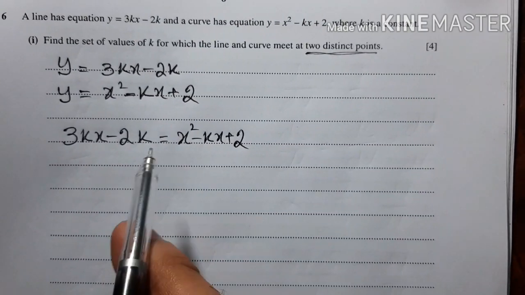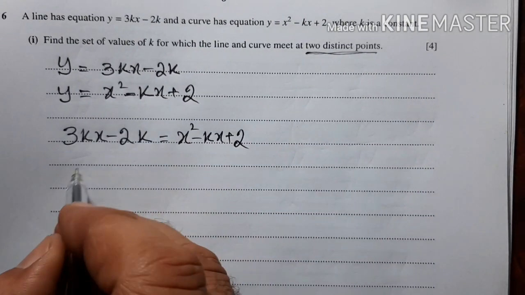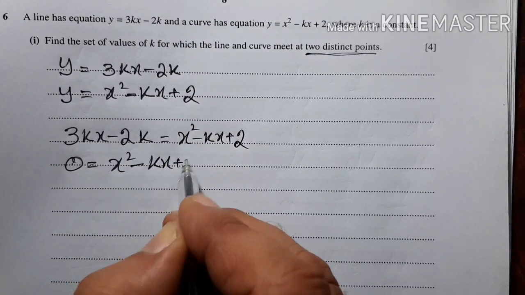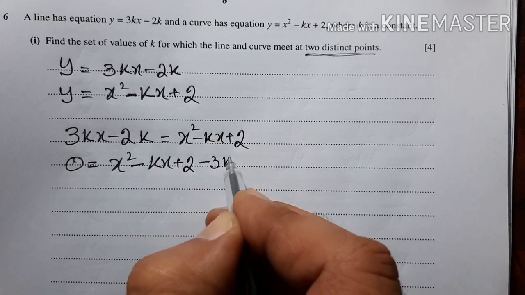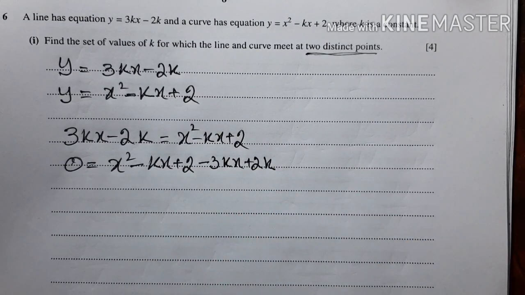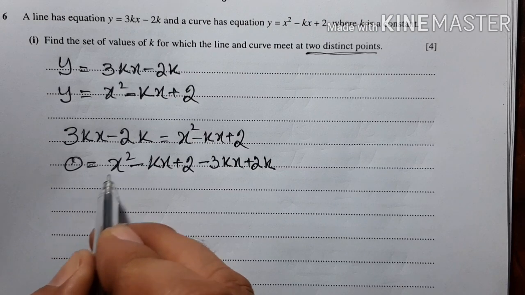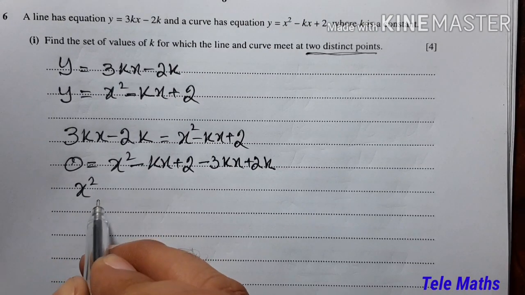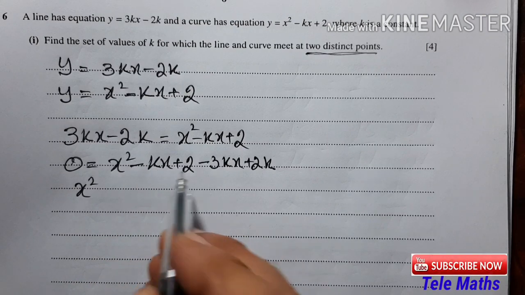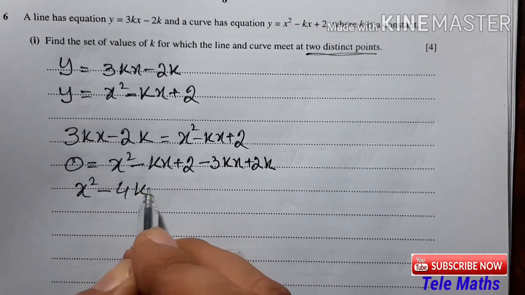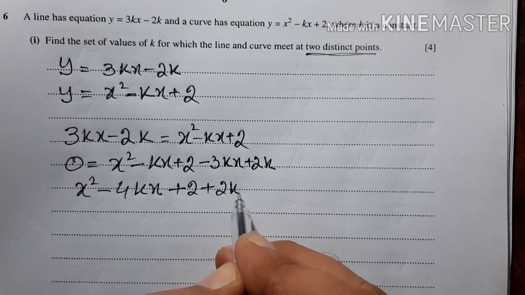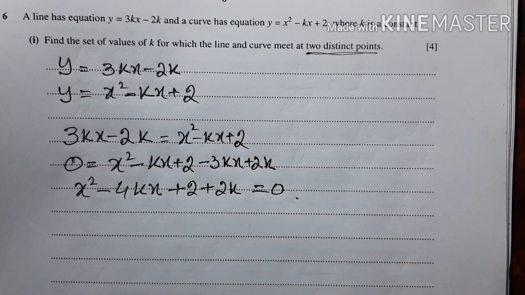Okay, so take everything on the right side. 0 is equal to x square minus kx plus 2 minus 3kx plus 2k. So this will become x square minus kx minus 3kx, minus 4kx plus 2 plus 2k is equal to 0.